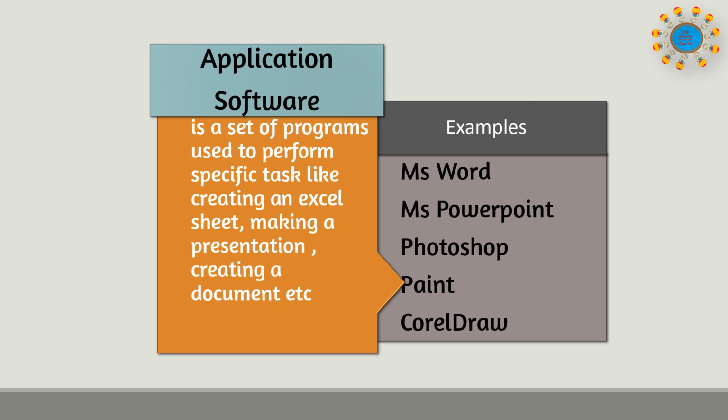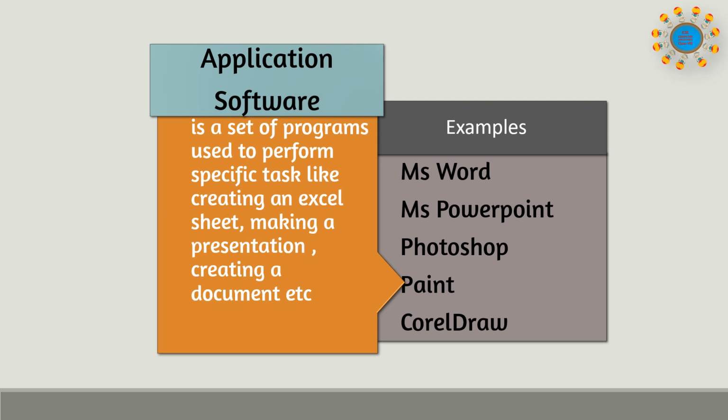So for the particular application, if we are using a program or a software, it is known as the application software. For example, MS Word, mainly for the typing purpose we are using, PowerPoint for making presentation, Photoshop. We can beautify the picture, we can arrange the picture, we can change the color. So many things can be done in Photoshop, Paintbrush and Corel Draw. So for a particular application, we are using the application software.